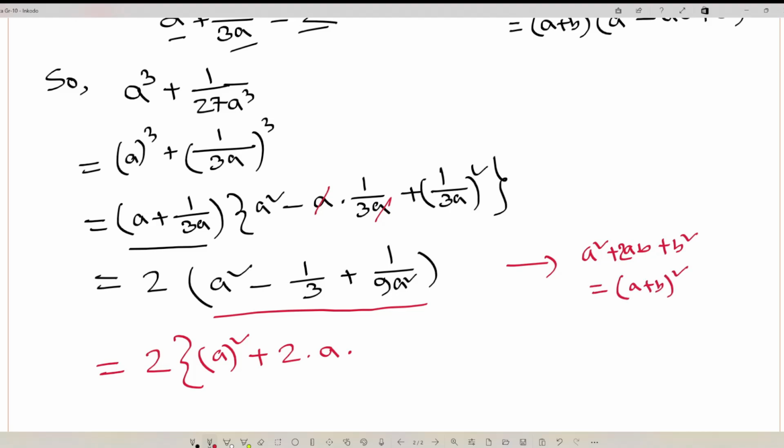So our target is to make this expression like a plus b whole square.